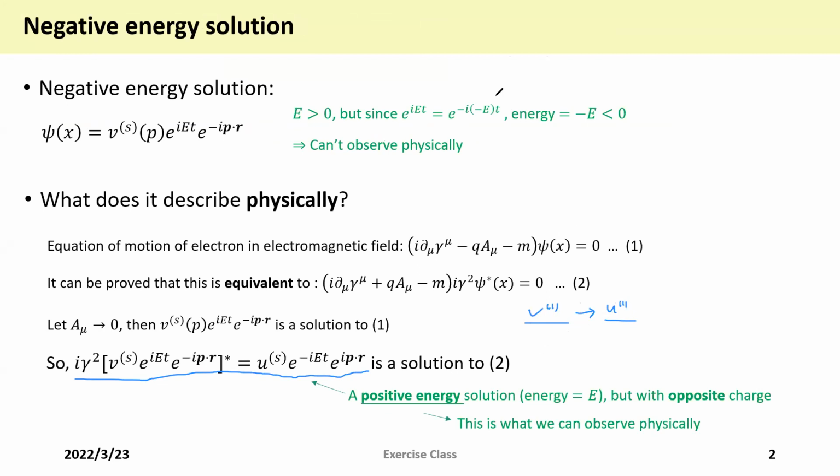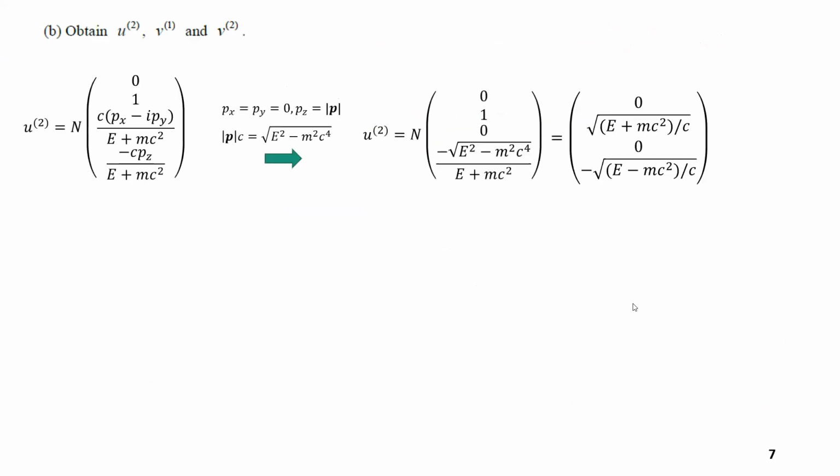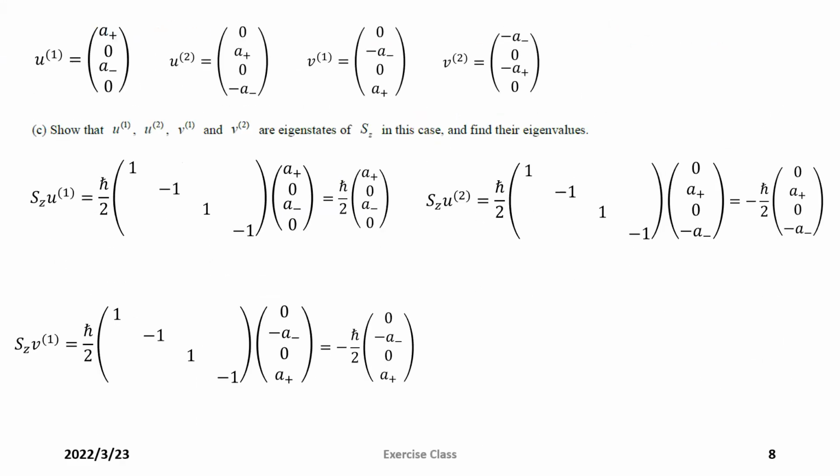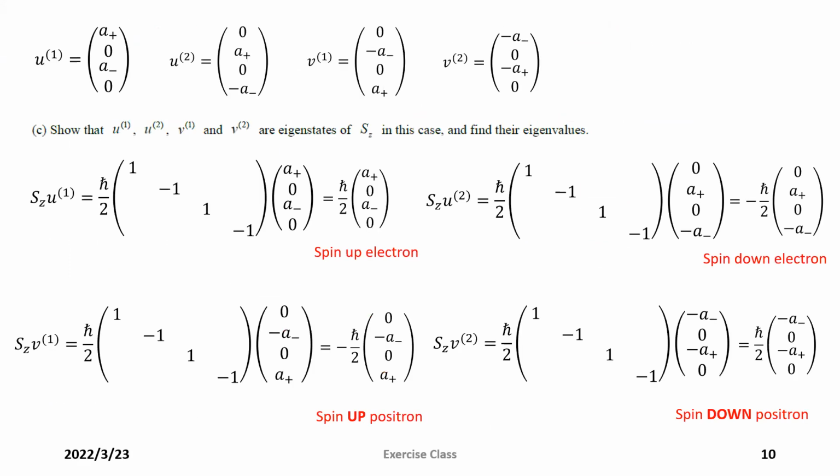But anyway, the negative energy solution spin is opposite to the physical spin of the antiparticles. So in summary, we have spin up electron, spin down electron, and this will be a spin up positron, and this will describe a spin down positron.